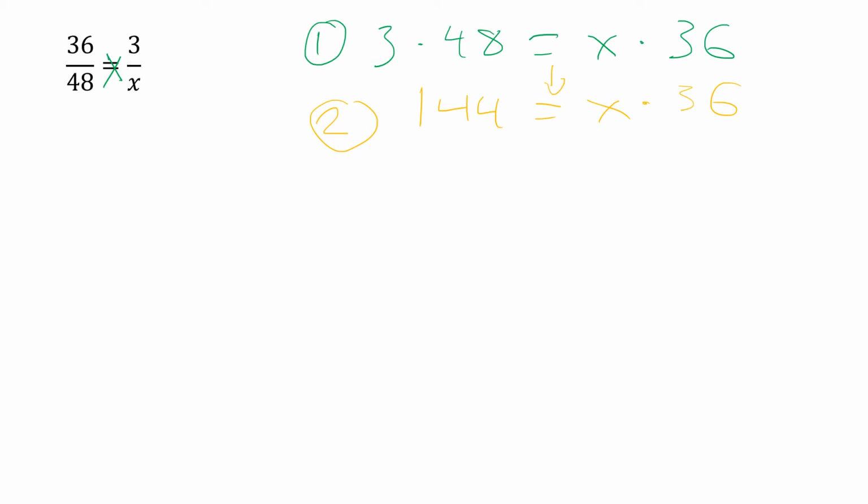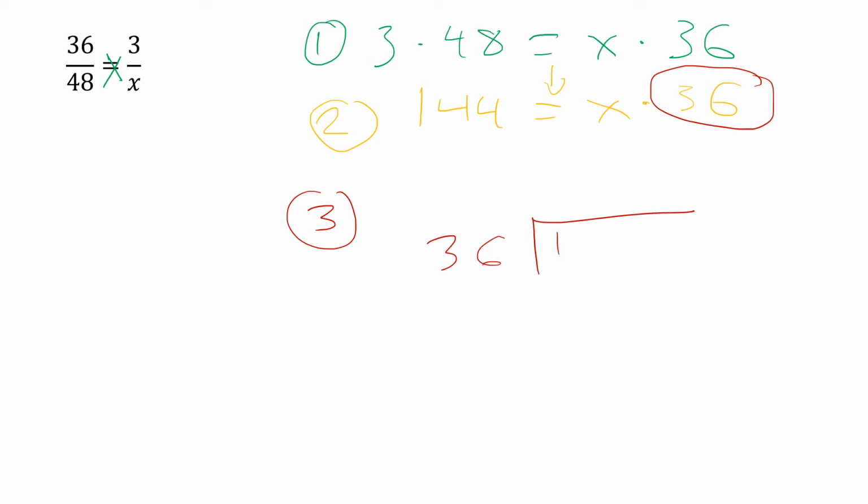All right, we've got our problem set up. What is our next step? We need to divide by the number that's multiplied to our x. So for step 3, we have 36 into 144. 144 divided by 36, and our answer here is 4. 4 times 6 is 24, carry our 2, 3 times 4 is 12, plus 2 is 14, subtract and get 0.